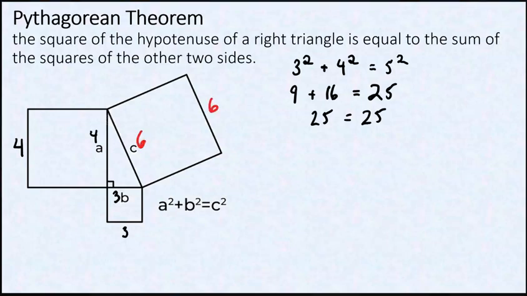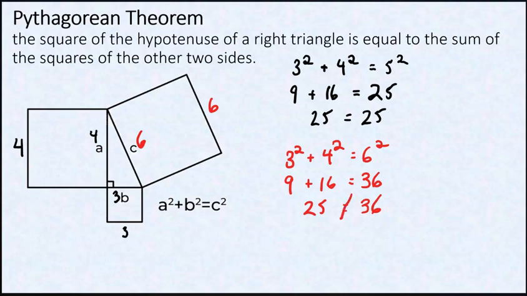Okay, so now I'm going to plug this into Pythagorean theorem. And this will be 9 and 16, and that equals 36. So now this is 25, which does not equal 36. So in this scenario, this triangle is not a right triangle because Pythagorean theorem doesn't work.